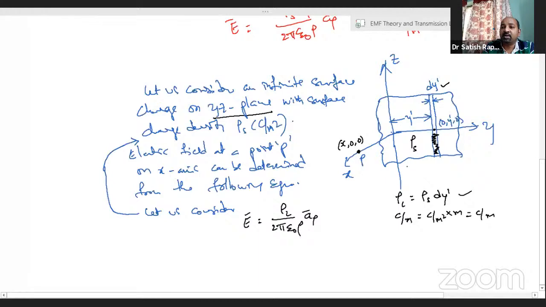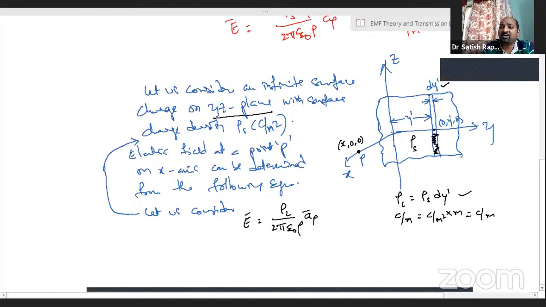So we are determining the electric field at a point P with respect to the differential width strip. Once we know the electric field due to the differential width strip, we can determine the electric field due to the surface, because if you integrate, you will get the electric field due to the entire surface.